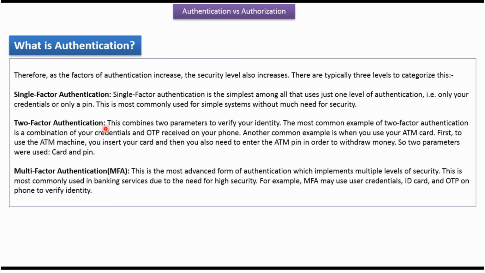One more example is whenever you go to an ATM center, you insert your ATM card in the ATM machine, and after that, you enter the ATM PIN to withdraw the money. In this case, two parameters were used. The first one is the card and the second one is the PIN. This is also an example of two-factor authentication.